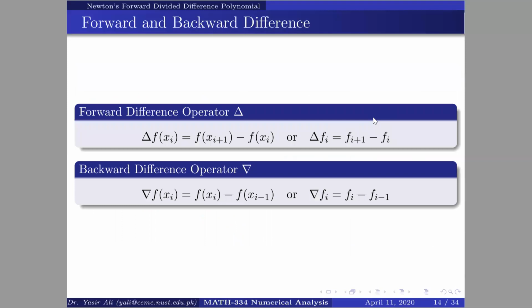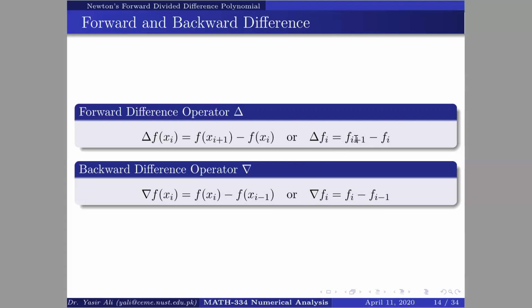So the forward difference operator, which is denoted by delta, and the backward difference operator, which is denoted by nabla, are defined like this. Forward difference operator delta f of xi, or we may simply write delta fi, is just a short notation of f of xi. So delta f of xi is the next value f of xi plus 1 minus f of xi.